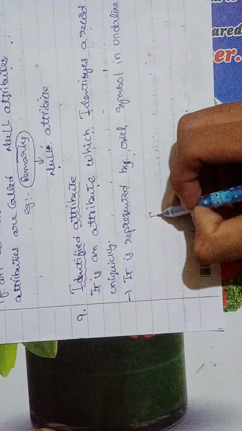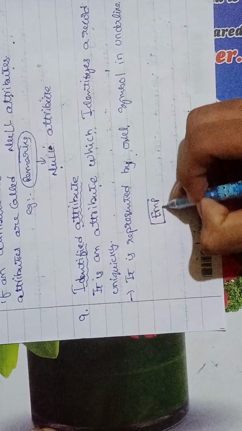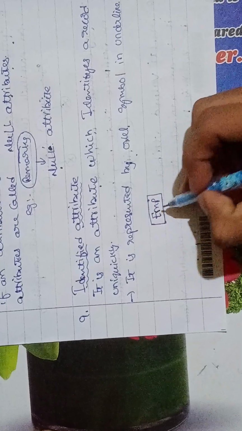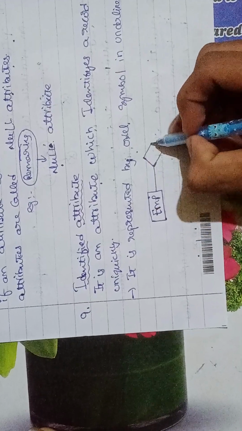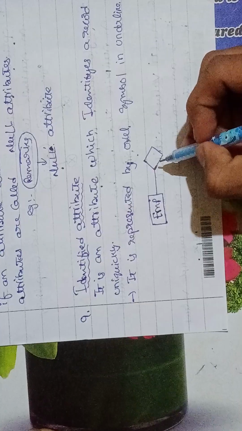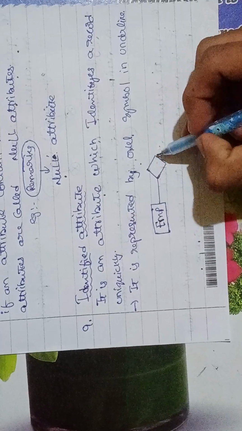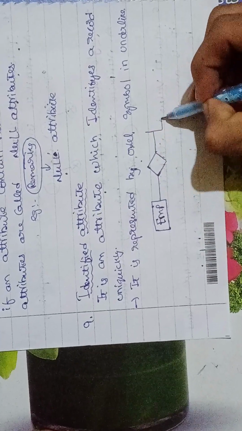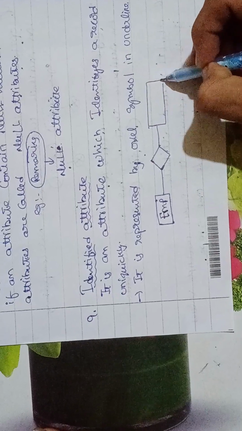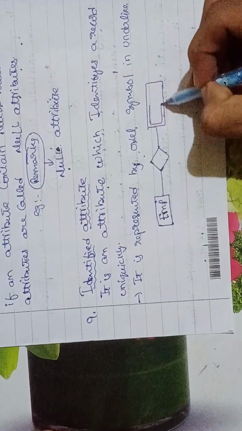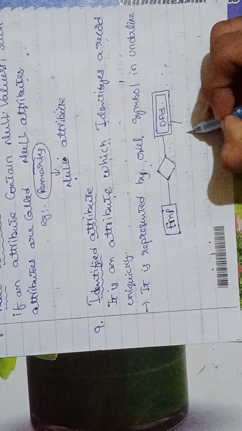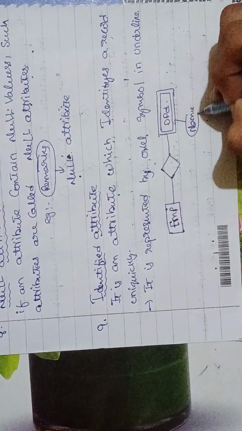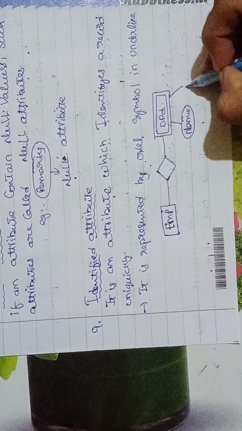Example, we can take employee. This is the strong entity. Okay, this is the diamond symbol, means it is telling the associated entity. Okay, this is the dependent, means weak entity. It has name, relation.